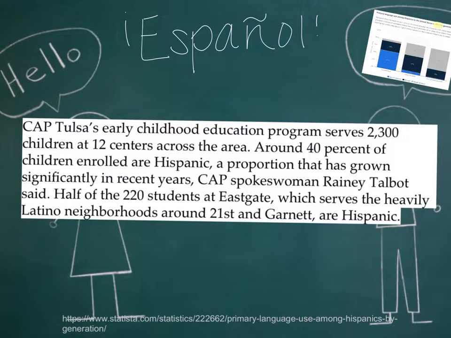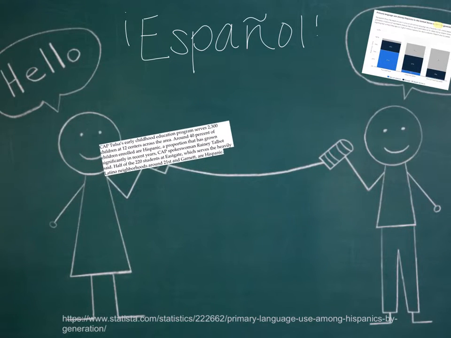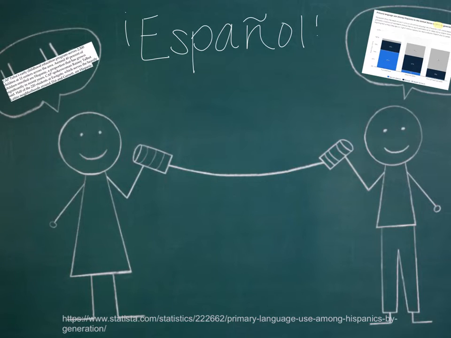At one location, half of the 220 children are Hispanic. Something to keep in mind is that in the Tulsa area, there will be students you encounter as a teacher who are bilingual or Spanish dominant. It's something to be aware of and to be prepared for.